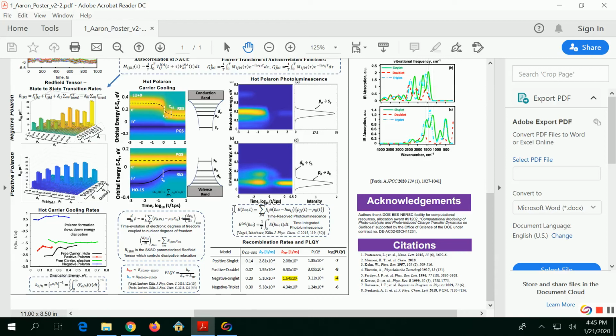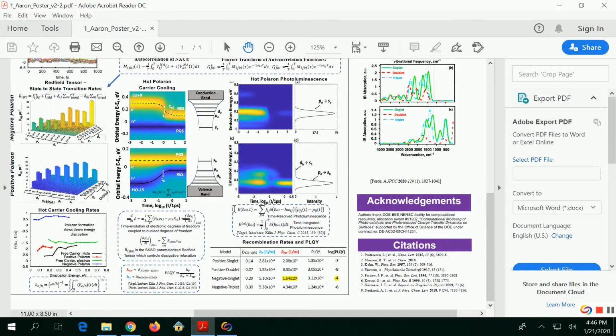The reason it is improved is because it has roughly 2 orders of magnitude lower non-radiative recombination, while they have roughly the same radiative. So the difference in their luminescence properties is due to this change in non-radiative relaxation.